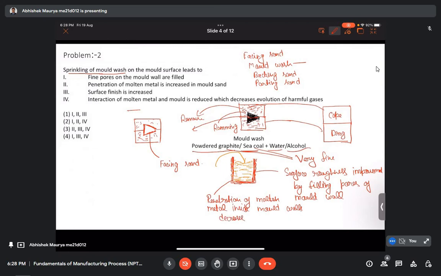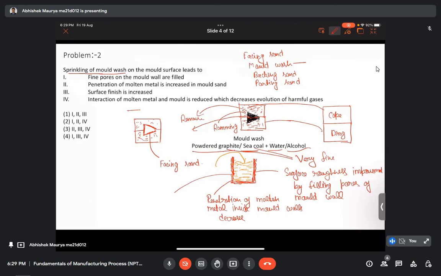And also, when molten metal is poured inside the mold, there are some reactions between the mold wall and the metal, and because of the reactions, some harmful gases are produced, and that is another cause of gaseous defects. Basically, whenever the molten metal interacts with the mold wall, due to some reactions, gas evolution will happen, and that gas will get entrapped inside the molten metal as a gaseous defect.